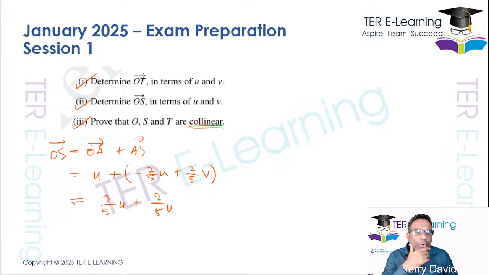Collinear simply means that they all lie in the same straight line.